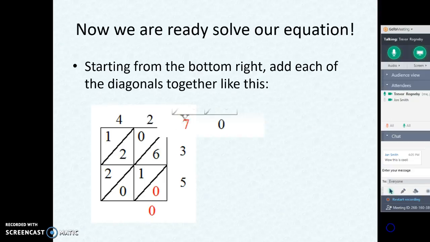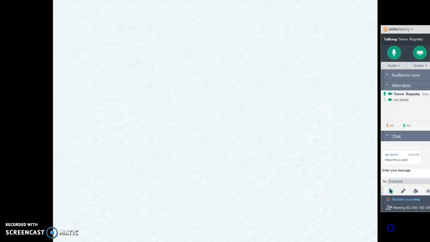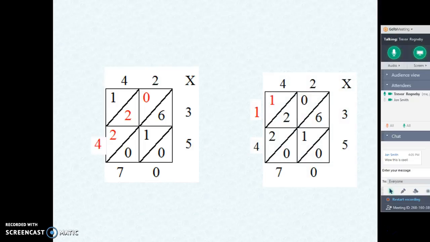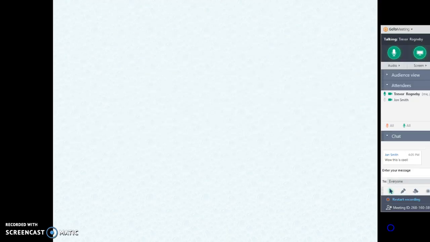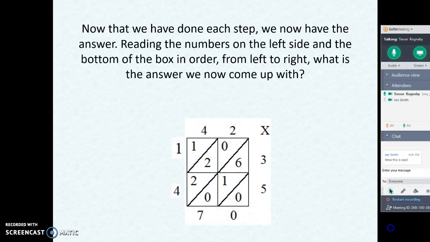And then you have 6 plus 1 plus 0 equals 7. Then we have 0 plus 2 equals 4. Then we have 1 plus nothing equals 1. So the total in the answer for this equation is going to be 1,470.